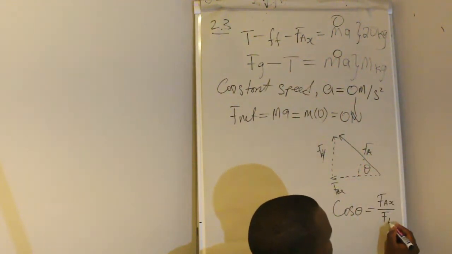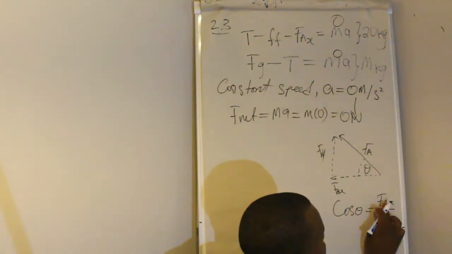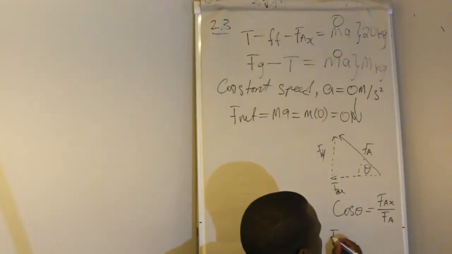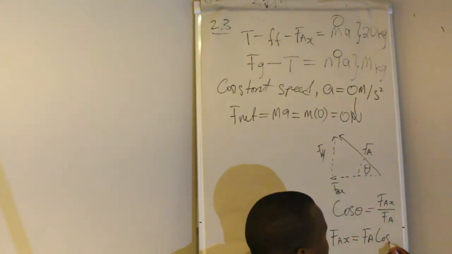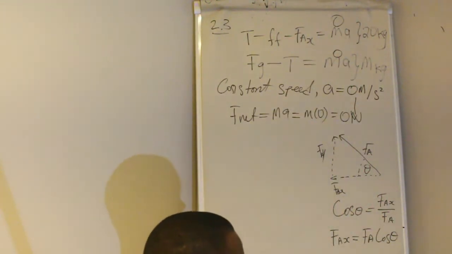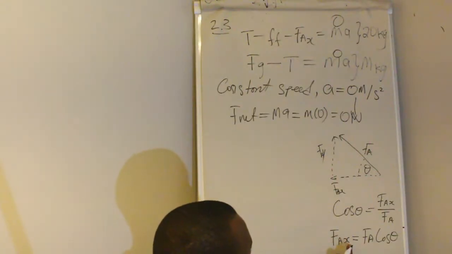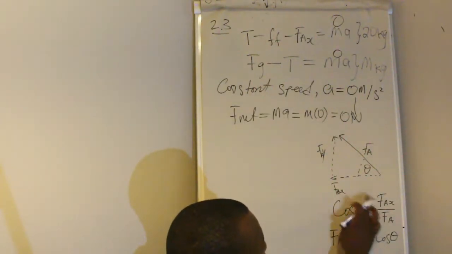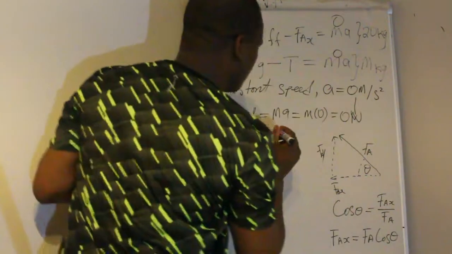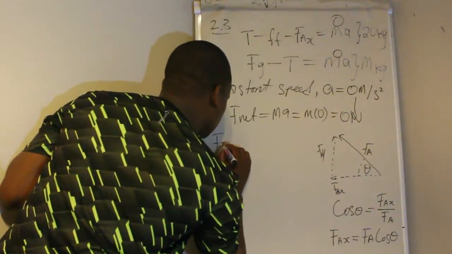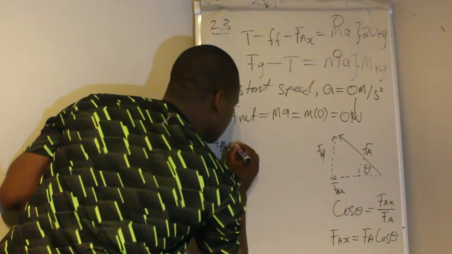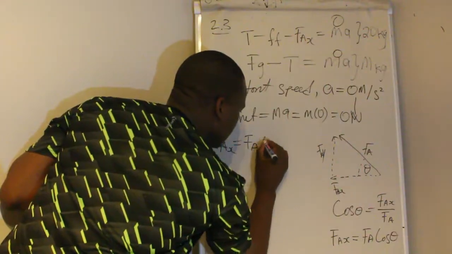which is Fax over hypotenuse, which is Fa. That means now you want to solve this, cross multiply. Fax is equal to Fa cos theta. So that's how you find the value of this. So you know Fx or Fax is equal to Fa cos theta.